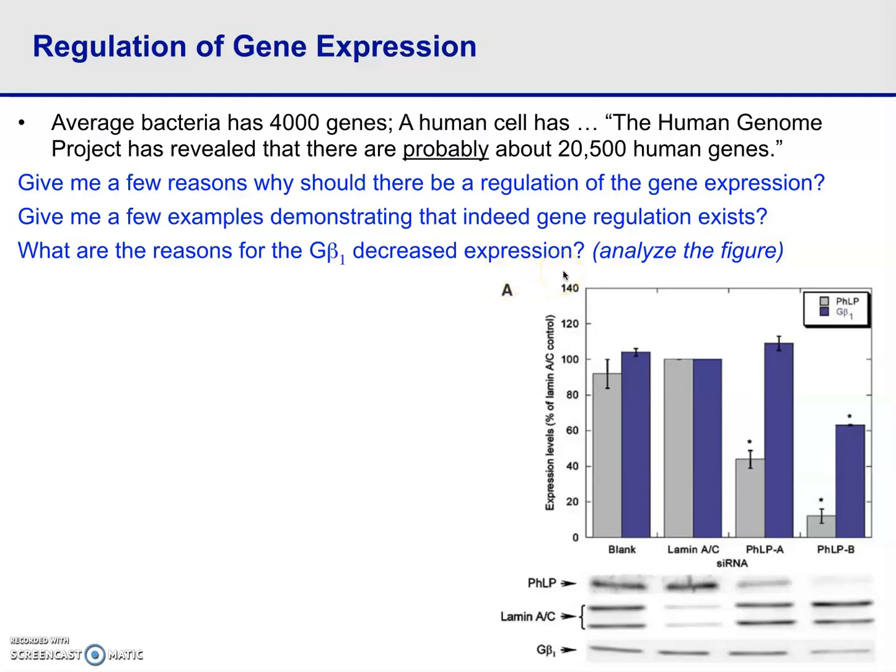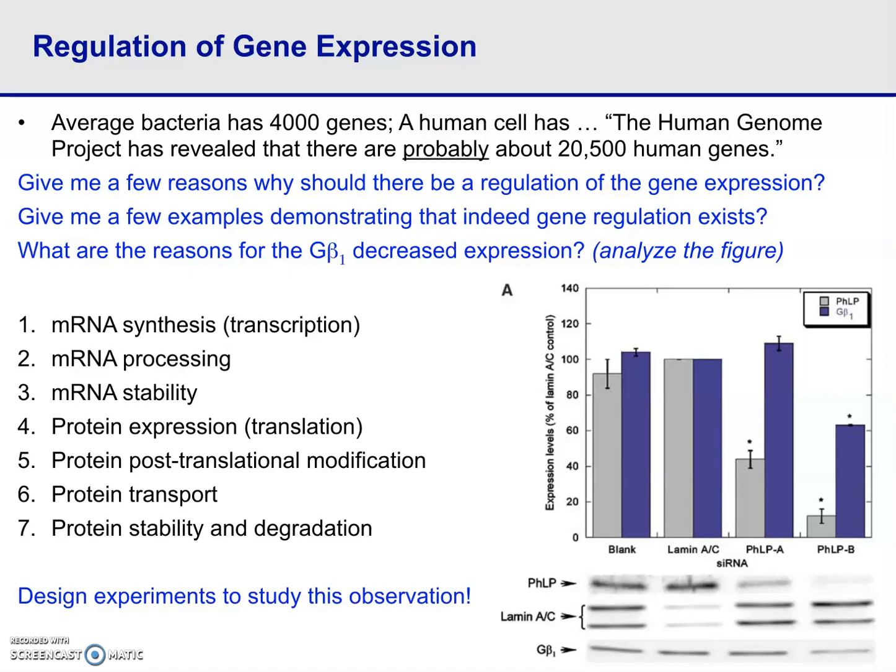What could be the reasons for G beta 1 to decrease its expression when the expression of fusiform-like protein is decreased to a minimum? Well, normally I would ask you to discuss it between yourselves, but since this is a remotely recorded lecture, I'm just going to go with it.